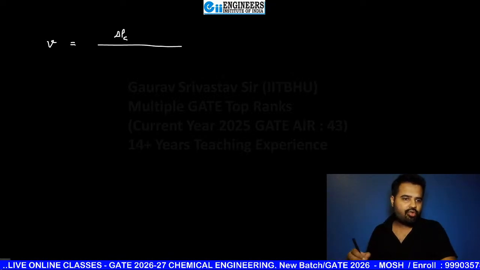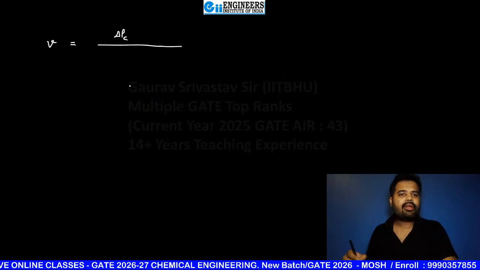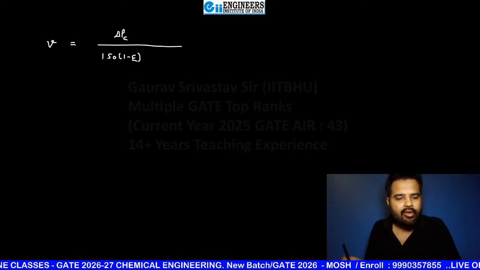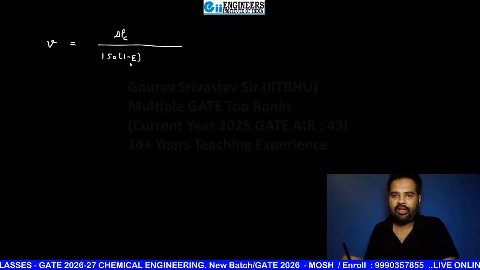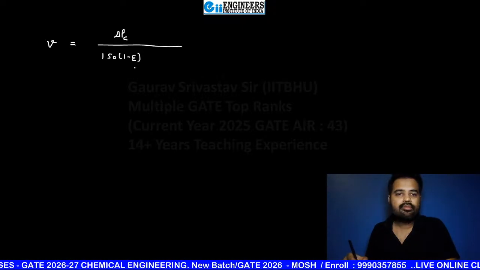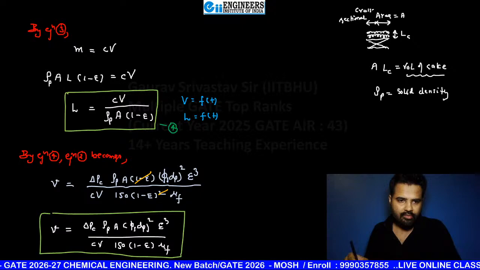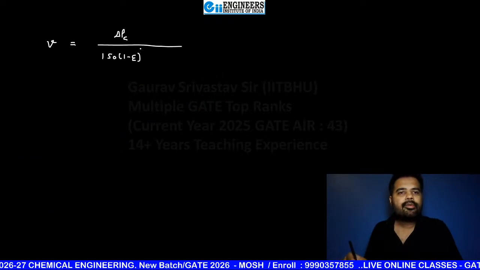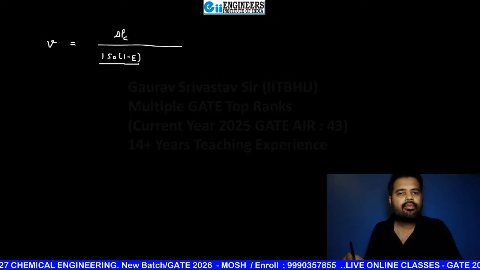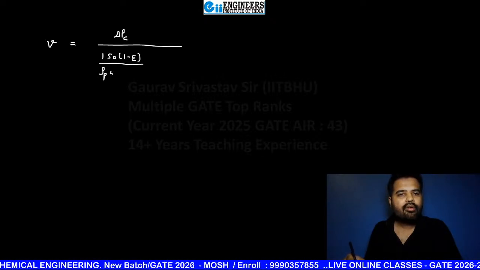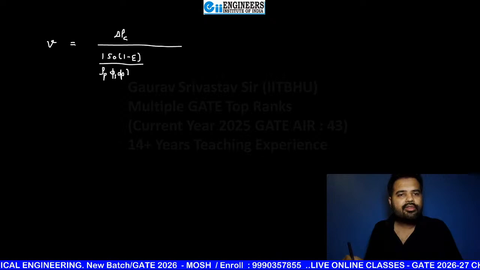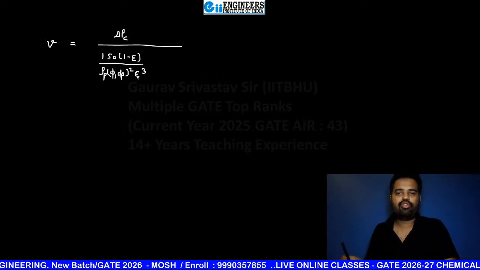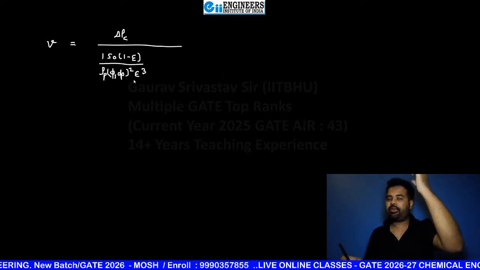Okay, so 150 1 minus epsilon, rho P phi s dP square, and I hope epsilon cube was also there. 150 epsilon rho P phi s.